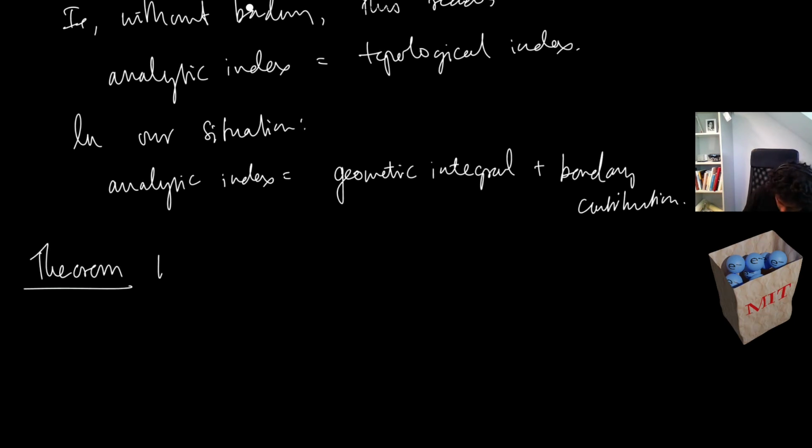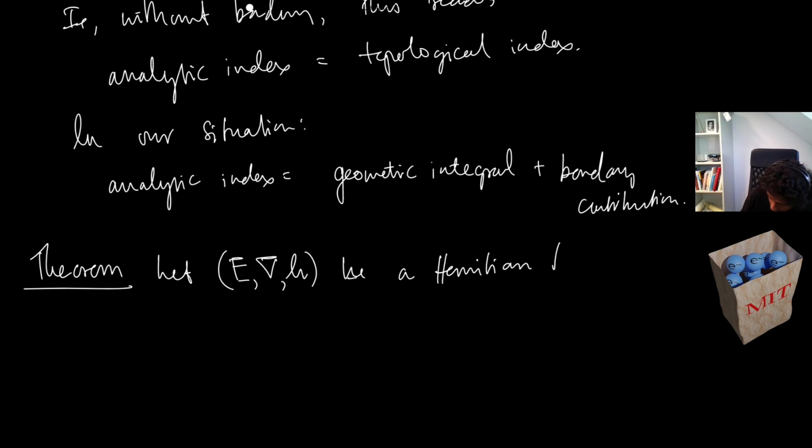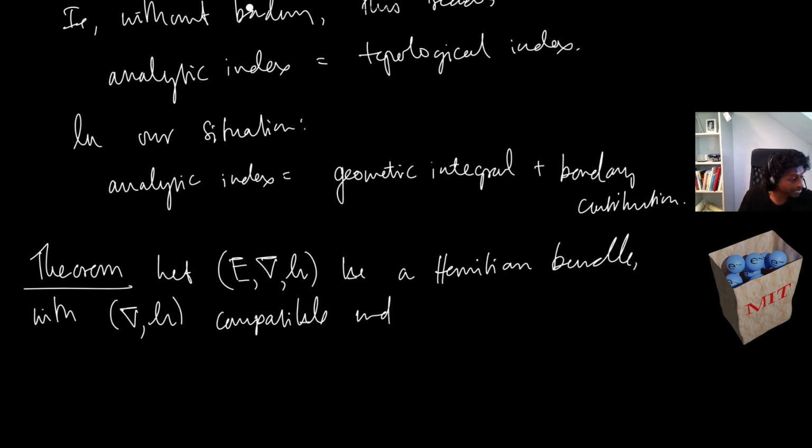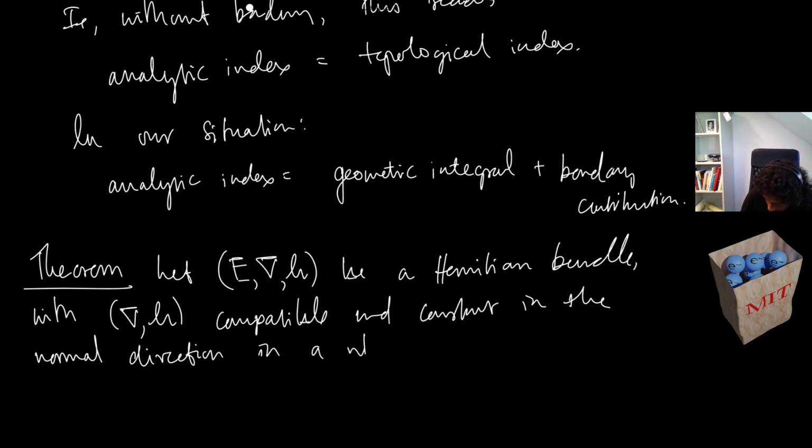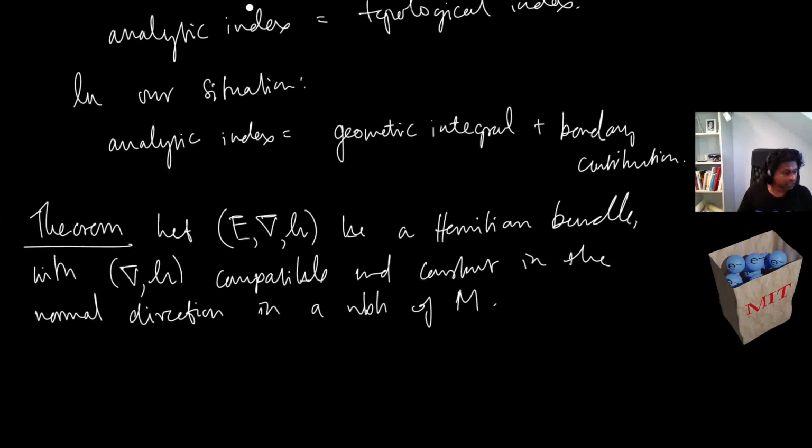So let E, nabla, h be a Hermitian bundle with nabla compatible with h, and we also need it to be constant in the normal direction in a neighborhood of the boundary.